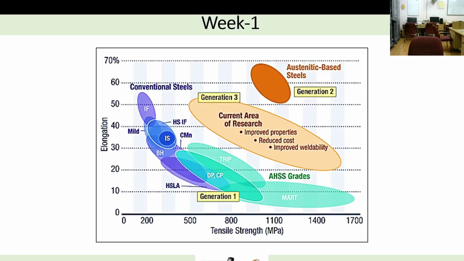Now sir came to these various generations and advancements in steel for automotive applications. So we started with generation 1, then generation 2, generation 3. Here you can see the overall summary of this diagram, we call it a banana diagram.